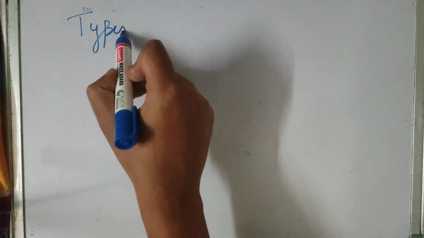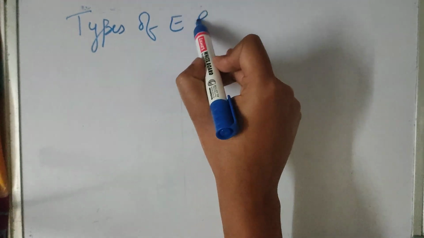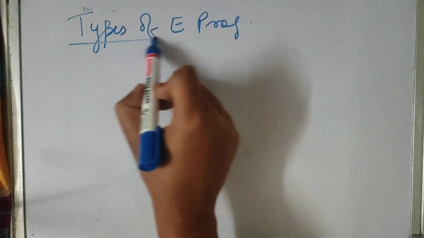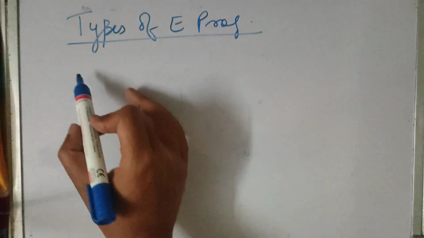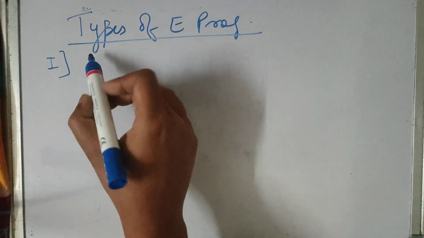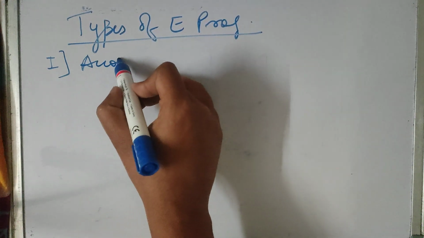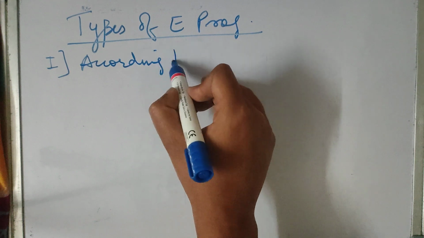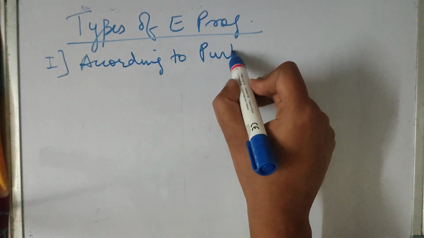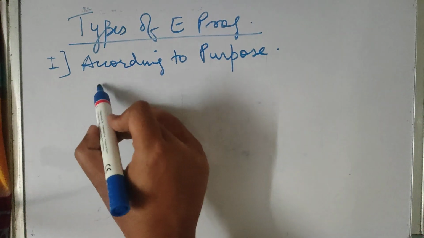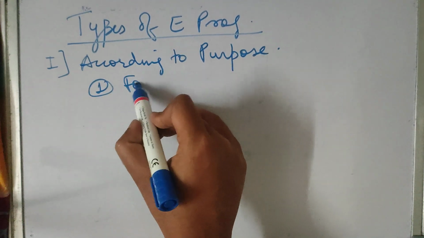Now moving on, types of evaluation program. First of all is according to purpose. It is of two types. First one is formative.